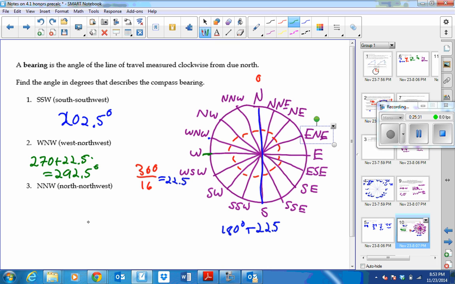And north-northwest, well, if this is 0 or 360, I know it's just shy of going full circle. So for this one, I'm going to say that it's 360 minus 22.5, and that gives me 337.5 degrees.